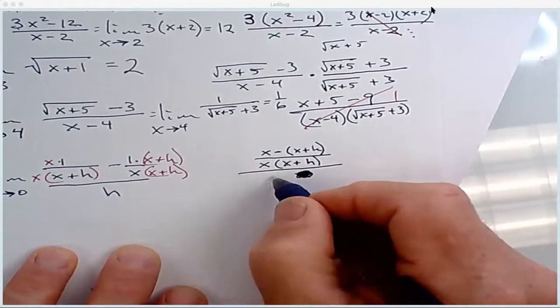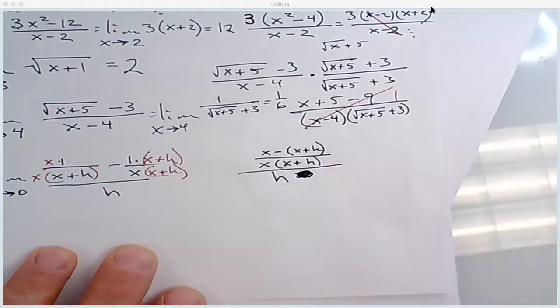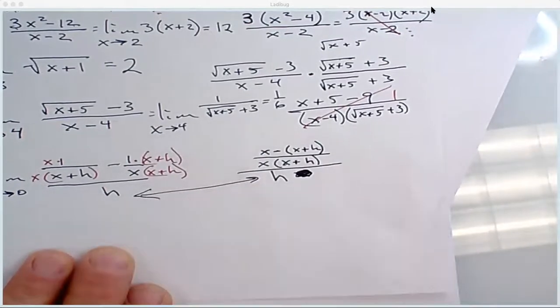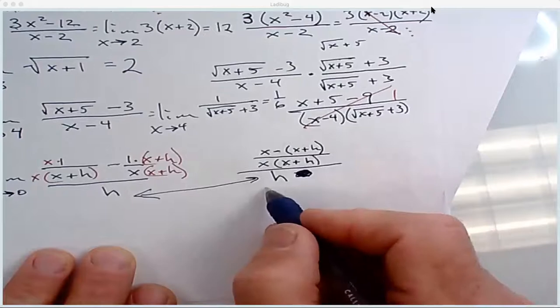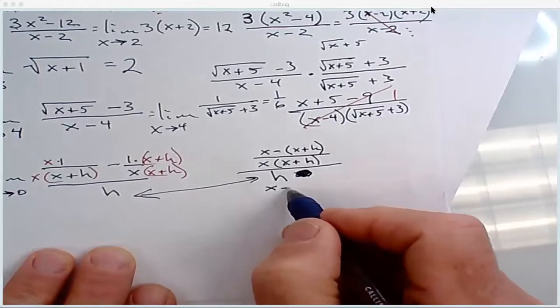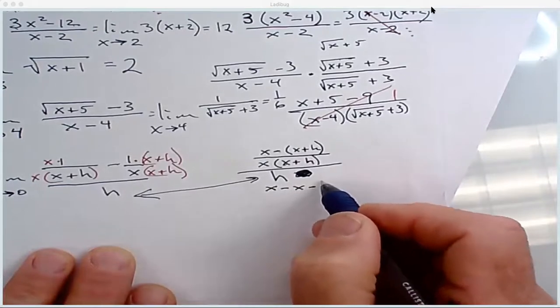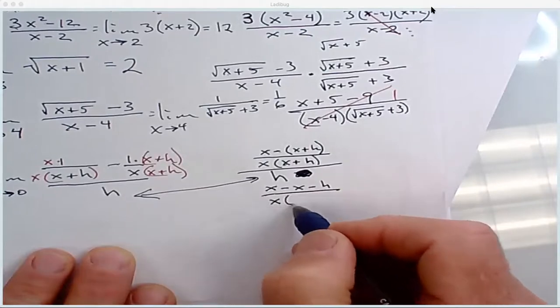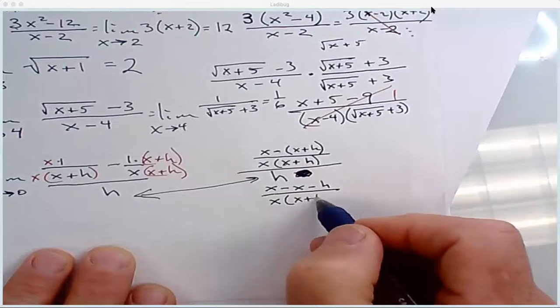Not divided by x, divided by h. I'm sorry. Everybody okay now? So I'm going to distribute this minus sign. I'm going to have x minus x minus h over x times x plus h.